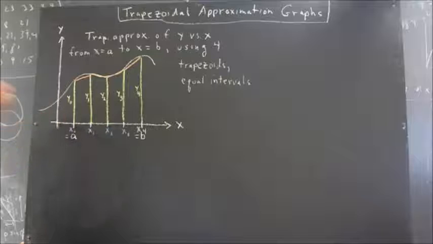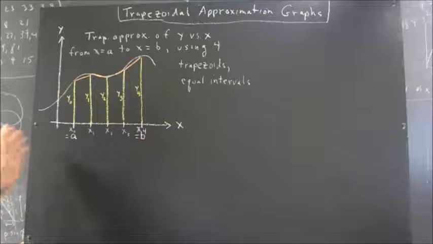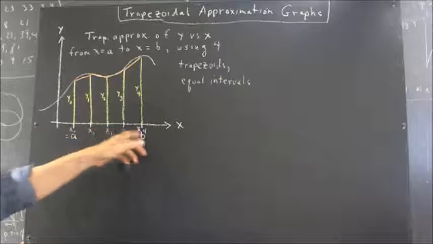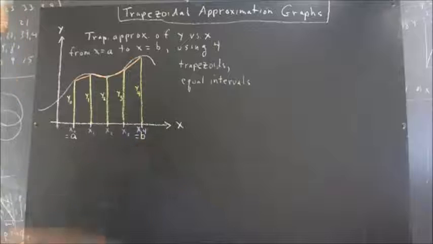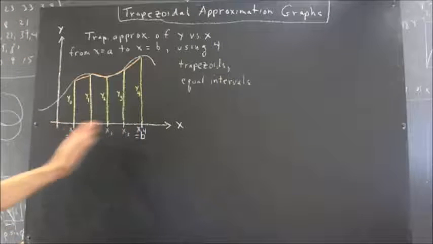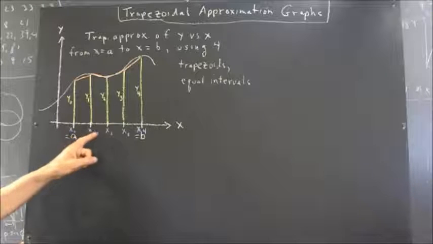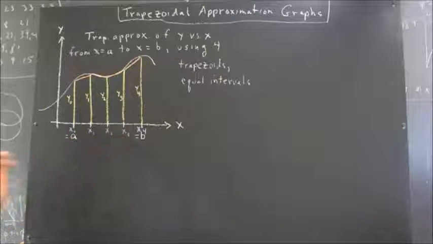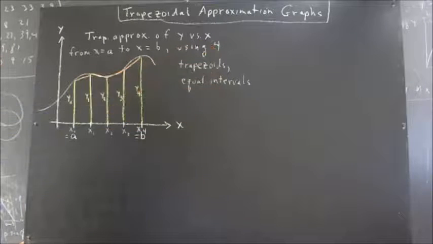So x sub 0 is the coordinate here at the left, and we're going to have 1, 2, 3, 4 additional x's, so we're going to have an x4 out here that's equal to b, and then dividing this interval into 4 equal parts, we'll also have x1, x2, and x3. All numbers that we can easily calculate if we know the coordinates of a and b and know that there should be 4 equal intervals.